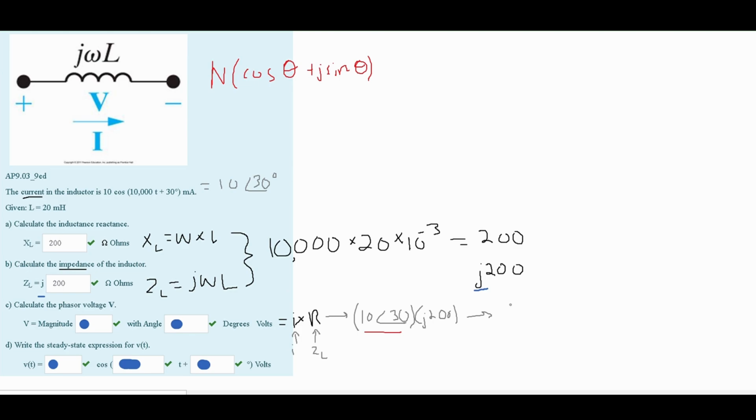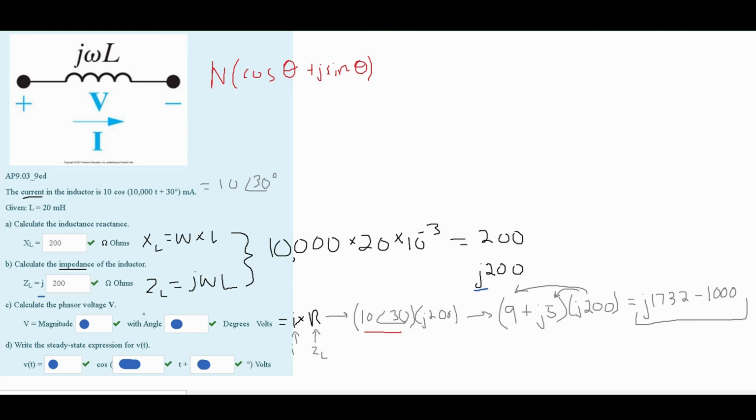In doing this, we get approximately 9 plus j times 5. Then we multiply all this by j200, and this gives us approximately j times 1732 minus 1000. Remember, it's important to note where the j goes and what it does to our problem. And this is the rectangular form for our phasor voltage.